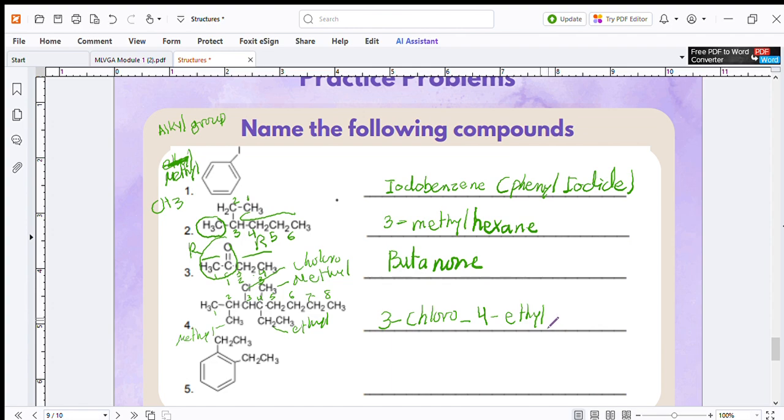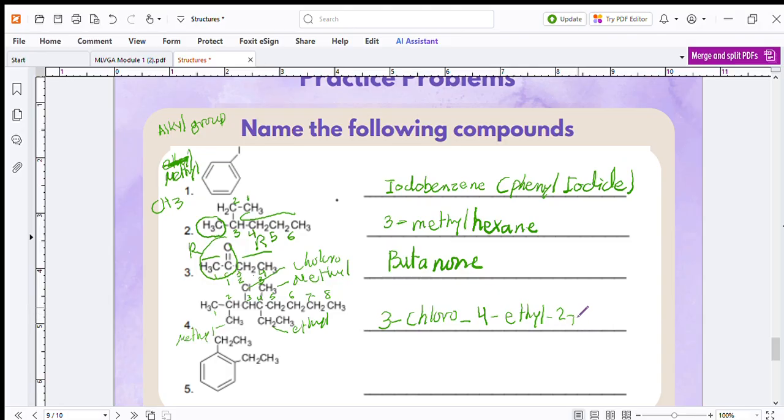So, tapos na po tayo dyan. Then, tingnan natin ang last, ang methyl. So, dalawa po ang methyl natin. Yung isa ay sa number 2, ang isa naman ay sa number 4. So, sulatin natin ang first number by order. 2, 4. Maglagay tayo ng comma between the numbers.